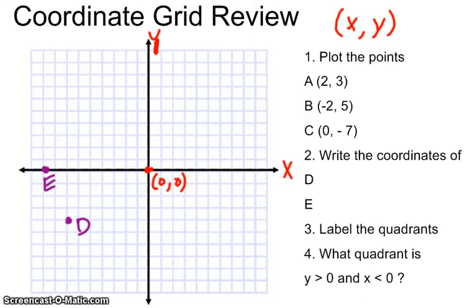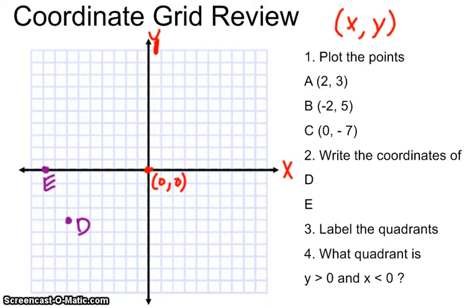From there, anytime we go right on the x-axis like this, we're going positive, so this would be like 1, 2, 3, 4, 5, etc. And anytime we're going to the left on the x-axis, we're going negative. So this is like -1, -2, -3, -4, etc. Same thing on the y-axis.